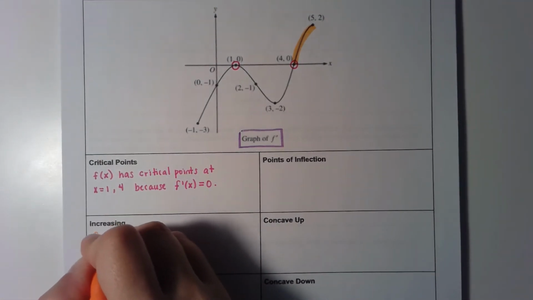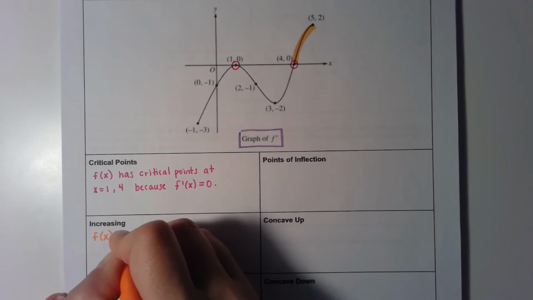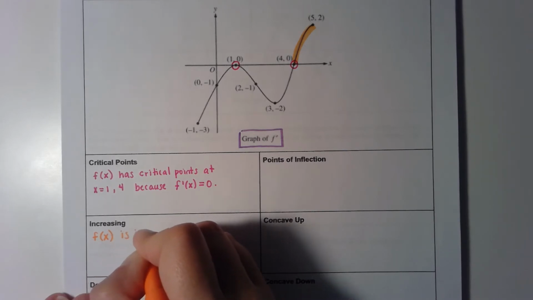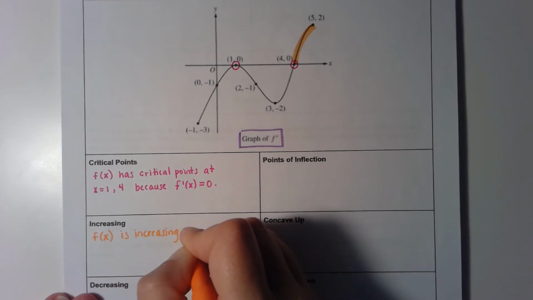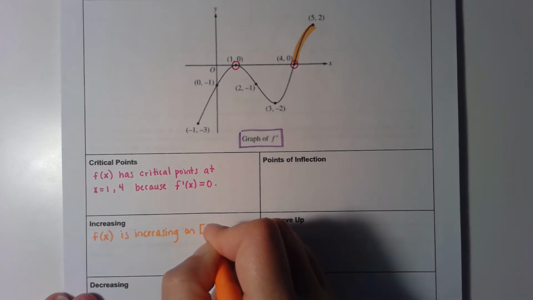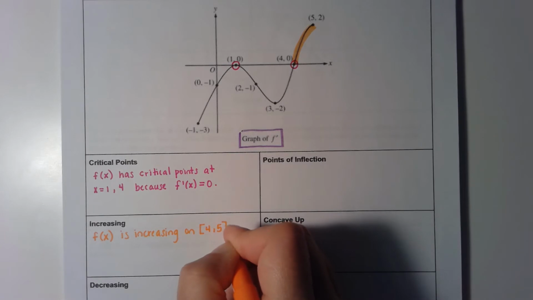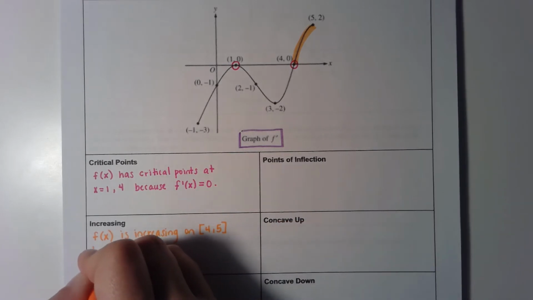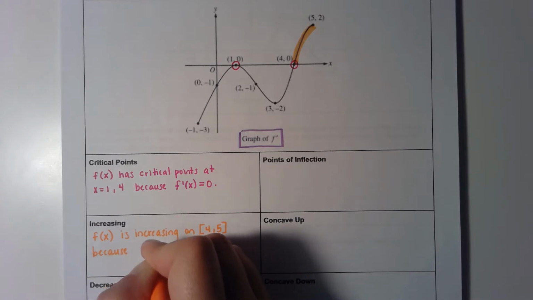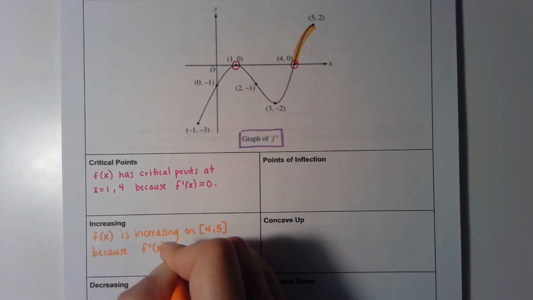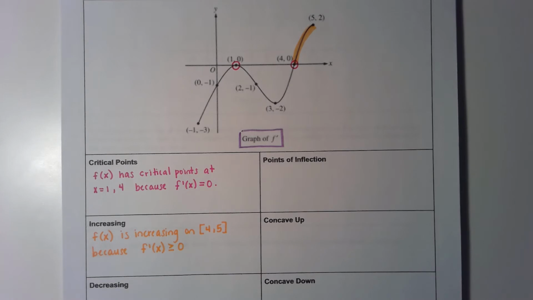So we would say f of x is increasing on the interval from 4 to 5 because the first derivative, which is what we're looking at here, is greater than or equal to 0. It's above the x-axis.